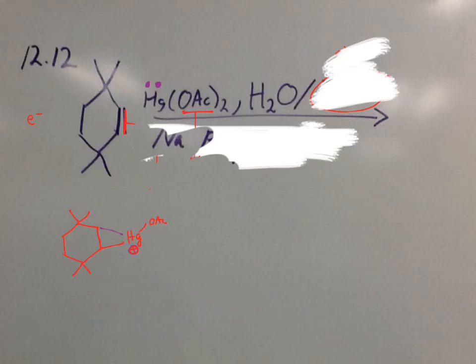Okay, so with the existence of a three-membered ring, which I'm just going to call a three-ring, and a great leaving group, this reaction is primed to be attacked by a weak nucleophile. Okay, why would we expect it to be a weak nucleophile as opposed to, say, an electrophile?